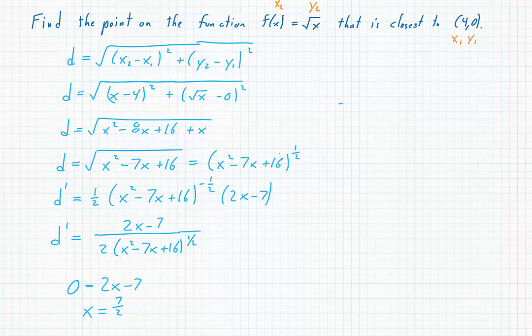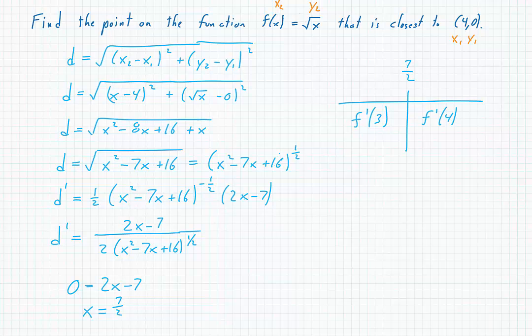Now we can create a sign chart with 7/2 on it, and we can test a little bit to each side. So we could consider d prime, let's say, of 3, and we could also consider d prime of 4. We've already said the bottom must be positive because these 2 points are not the same point.